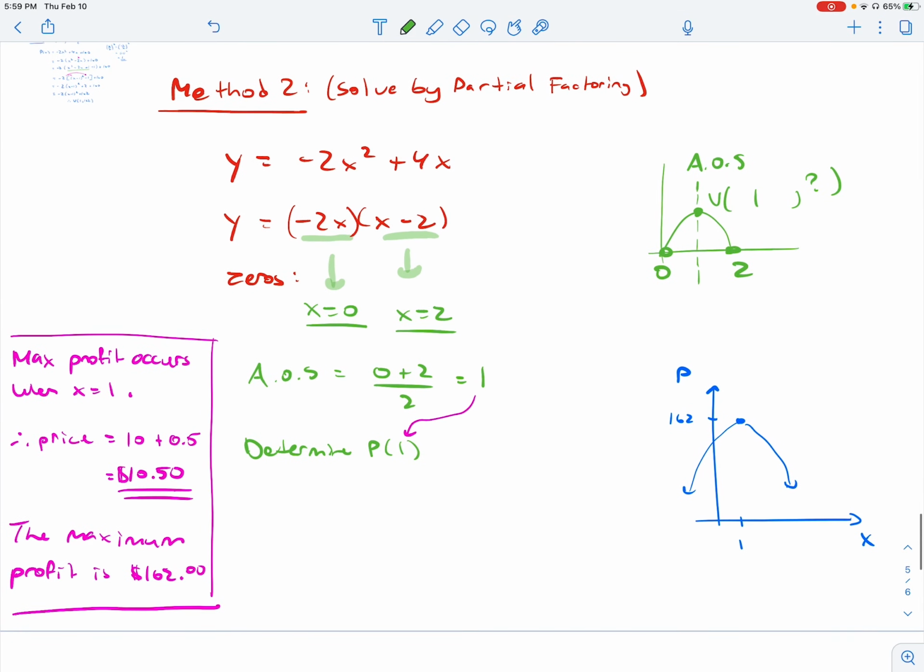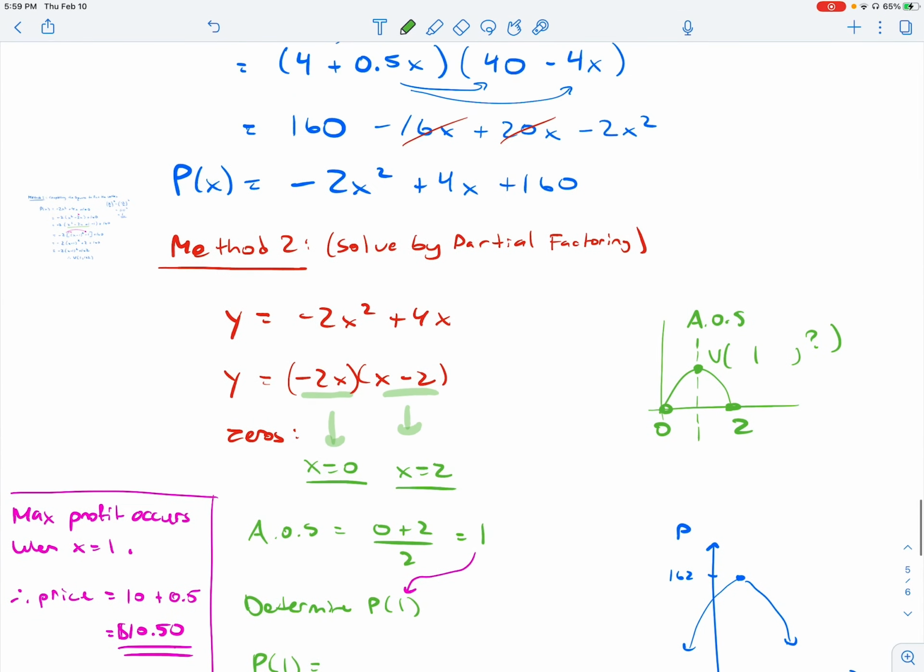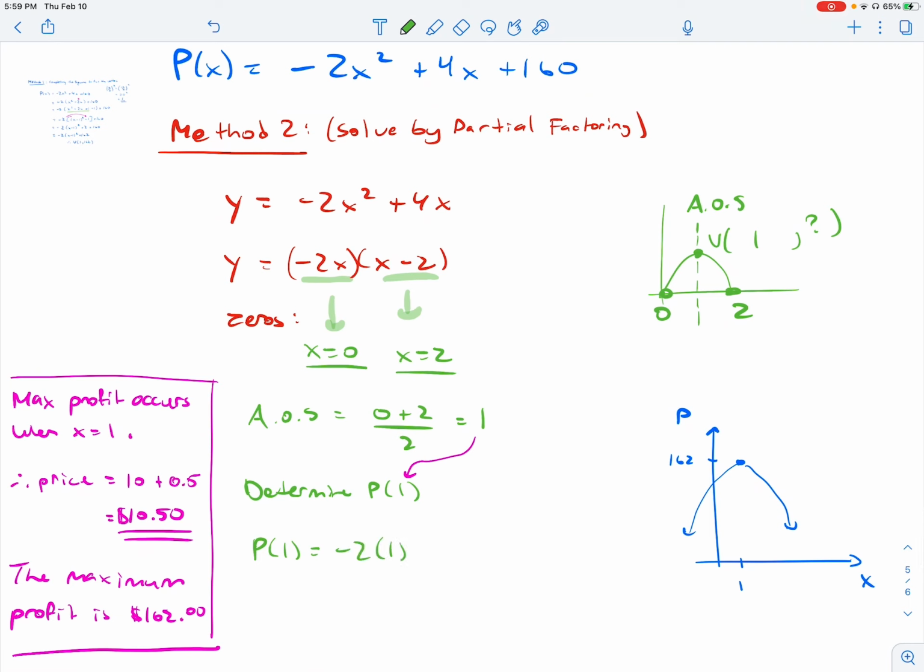Okay, so p of 1 is going to be negative 2 times 1 squared plus 4 times 1 plus 160. You can already see I got the same value for my vertex that we did down here, right? We already got 1.